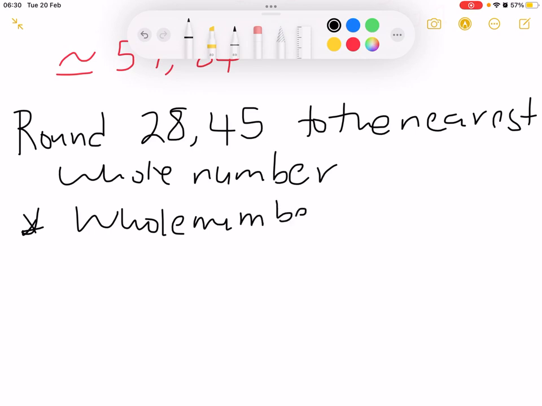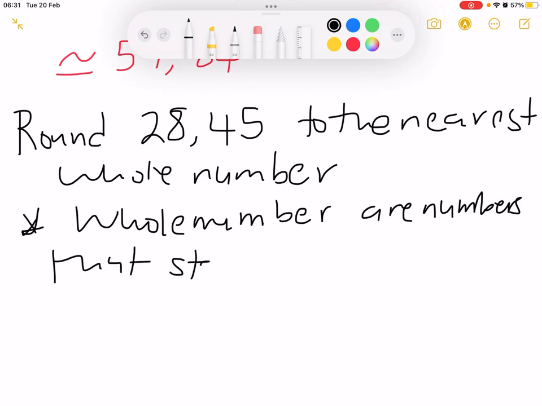And we've discussed this in our other video based on the number system. Whole numbers are numbers that start at 0. So you're 0, 1, 2, all the way up.